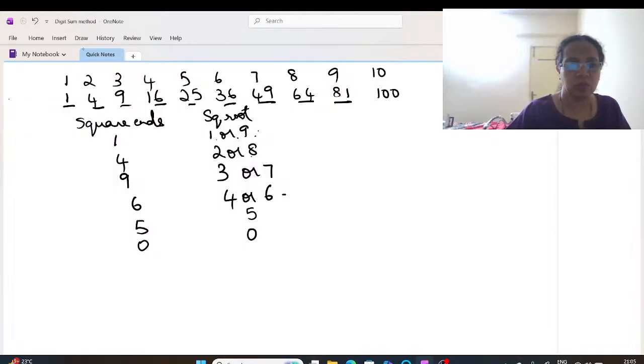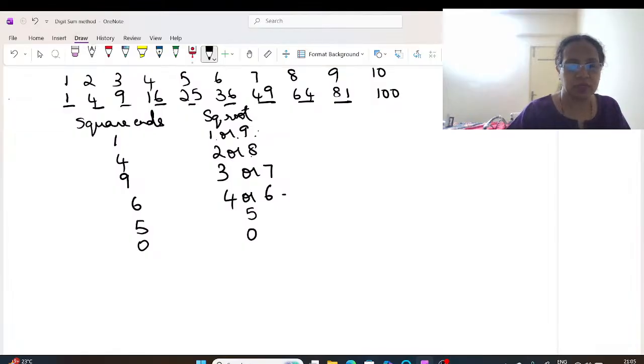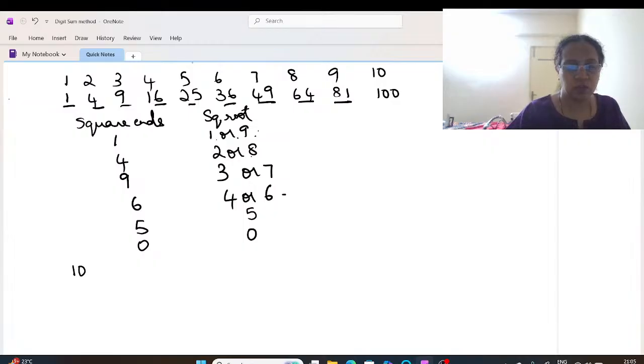We can also have a look at numbers from 10 to 100 square.